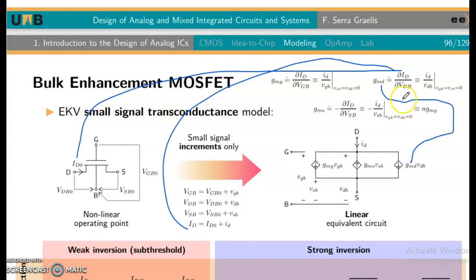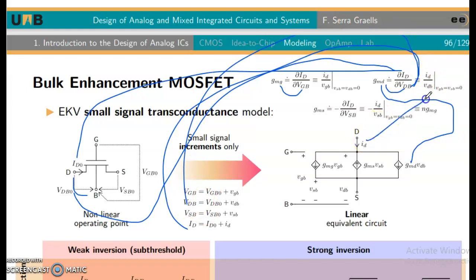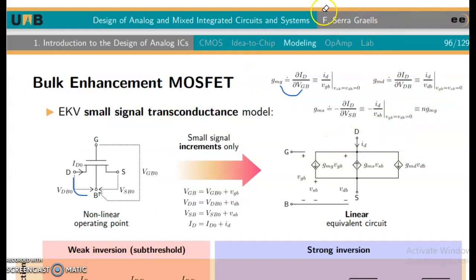Actually this is G, this is D, so VDB is between the drain and base.